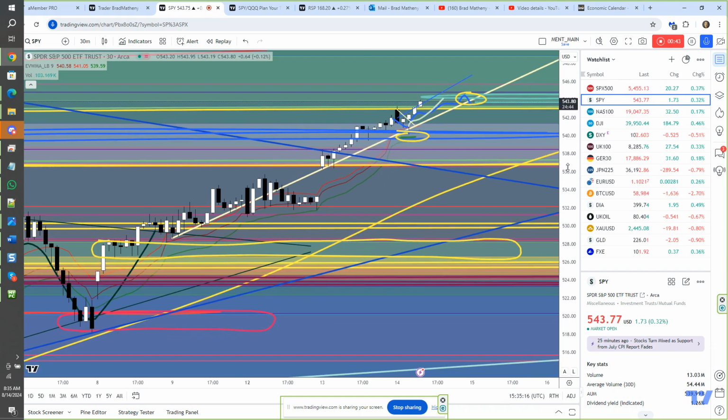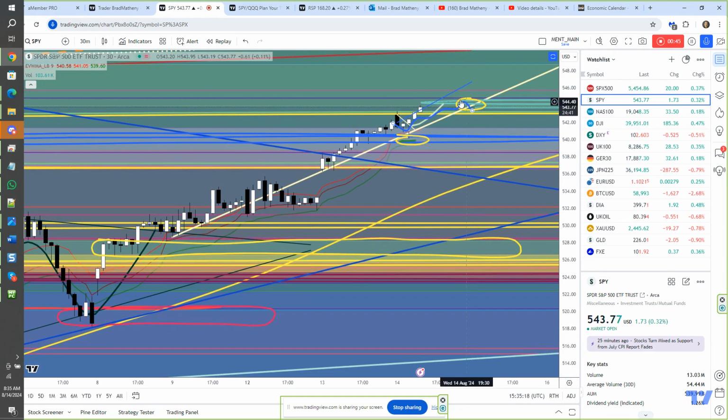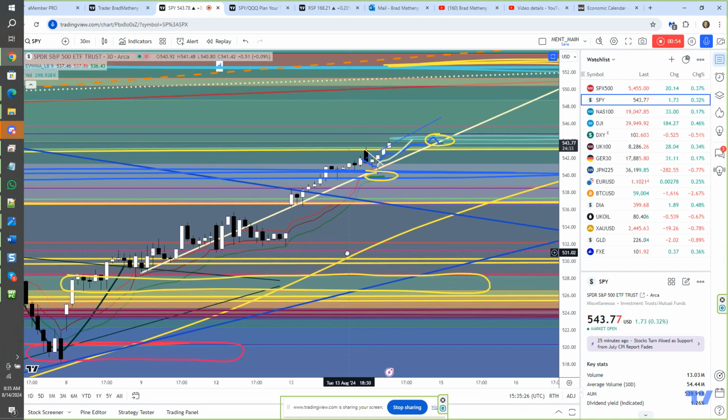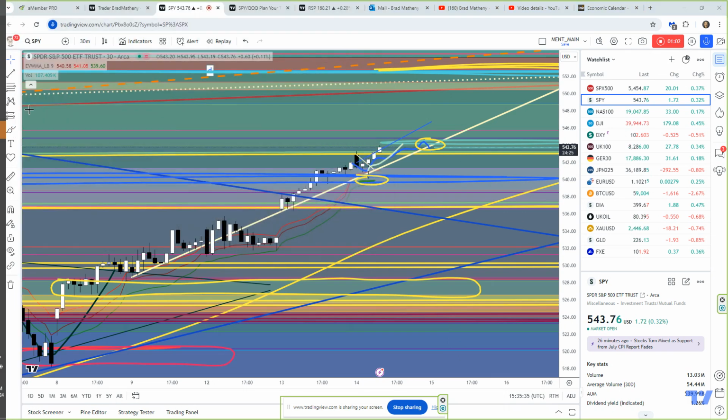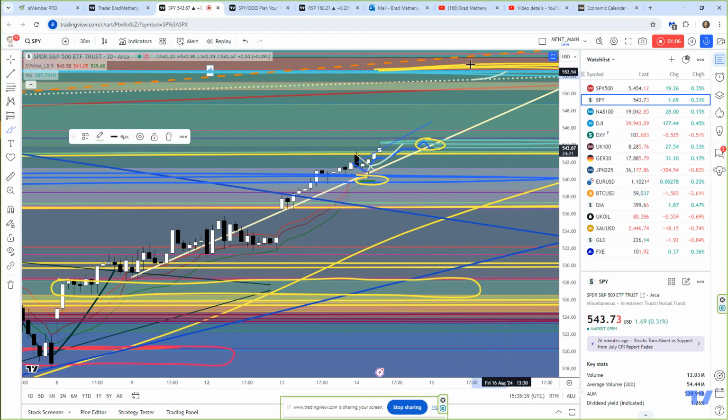So this area, I believe, is going to be fairly solid resistance, 544, 545. But if we rally up above that, I've got to tell you guys, we're going to probably make a fairly solid quick trend up into the 552 to 555 area, fairly quickly.